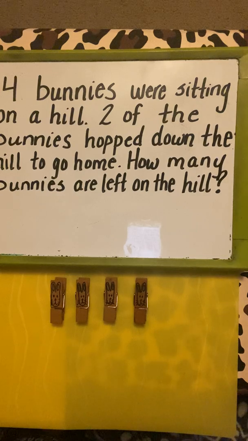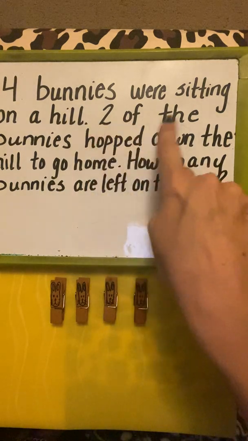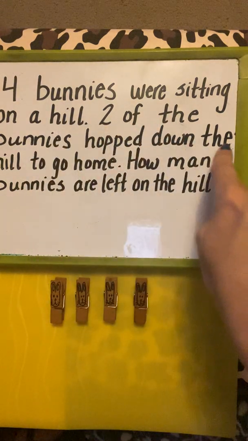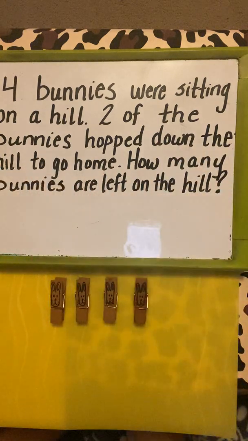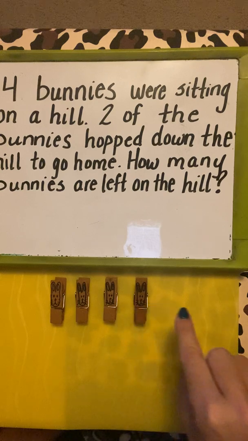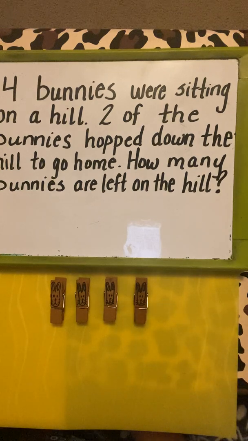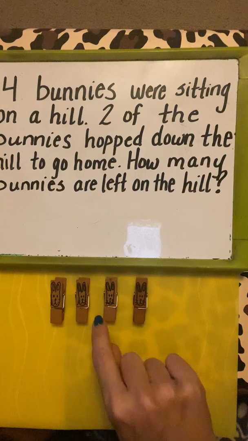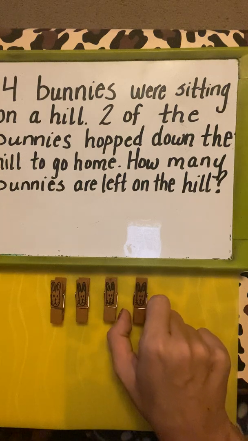Okay? And what happened to this set of bunnies? Okay, well, if we read the second sentence, it tells us that 2 of the bunnies hopped down the hill to go home. Okay, so 2 bunnies went down the hill to go home. How can we represent this information? How can we show that with our set? Okay, well, we can move 2 bunnies away, right?